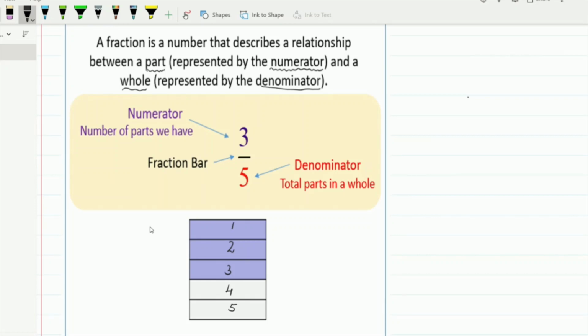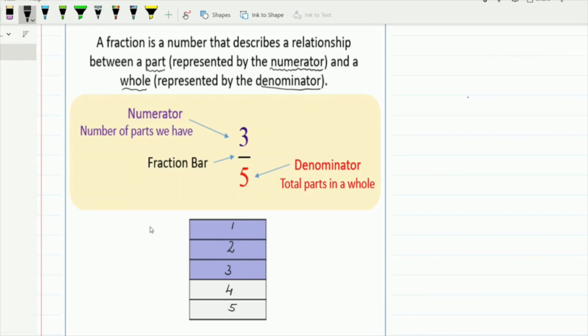Out of those 5 equal parts, we selected or colored 3 parts. Those selected or colored parts come as the numerator, and the total parts, into which we have divided the figure, will be the denominator.